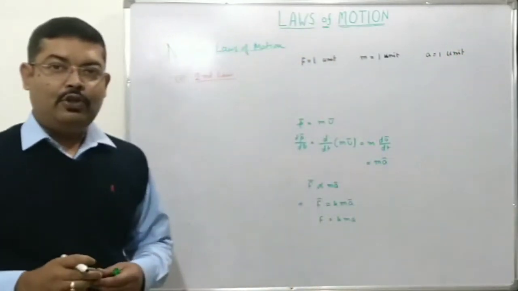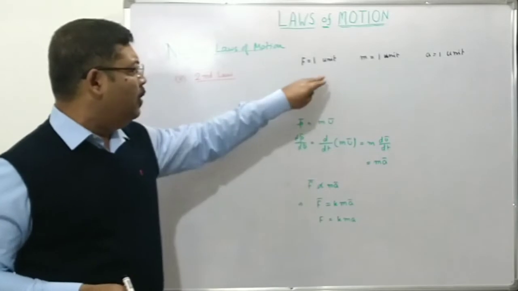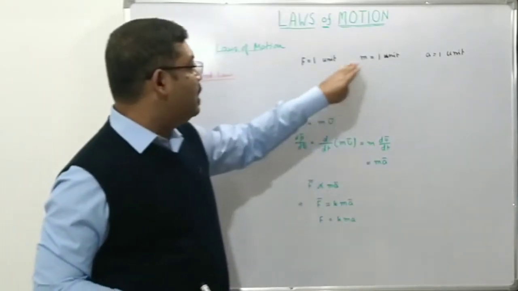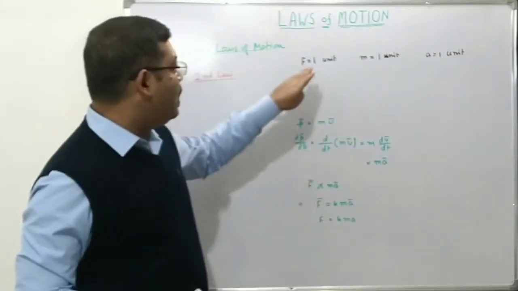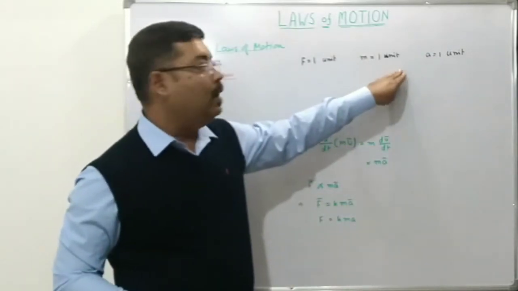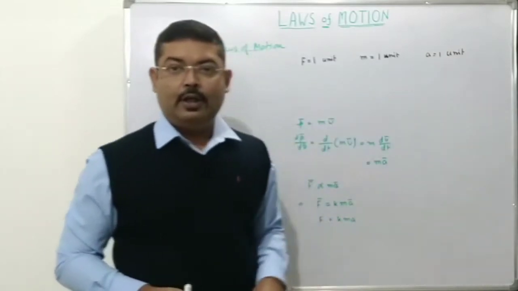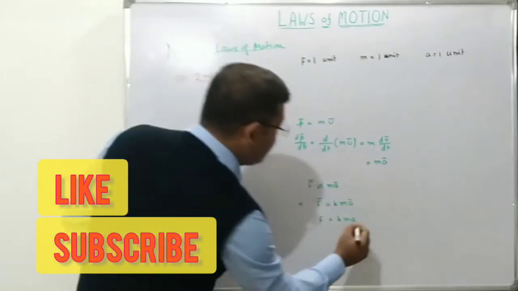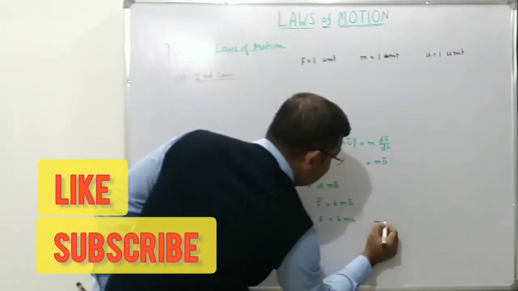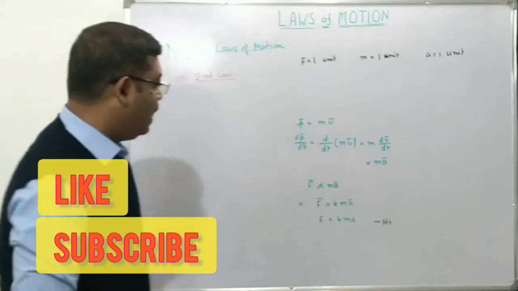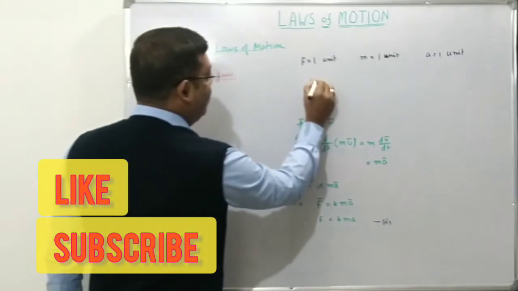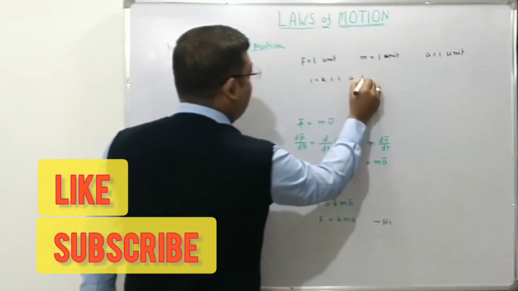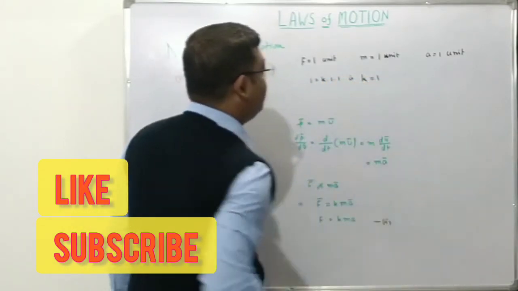What it means is that we choose the unit of force, mass and acceleration such that this relationship is true, that 1 unit of force applied to a mass of 1 unit will produce a unit acceleration in the body. If it is so, and if we substitute these values in this equation, say equation 2, then we have 1 equal to k multiplied by 1 multiplied by 1, that is k, the constant of proportionality, becomes equal to 1.